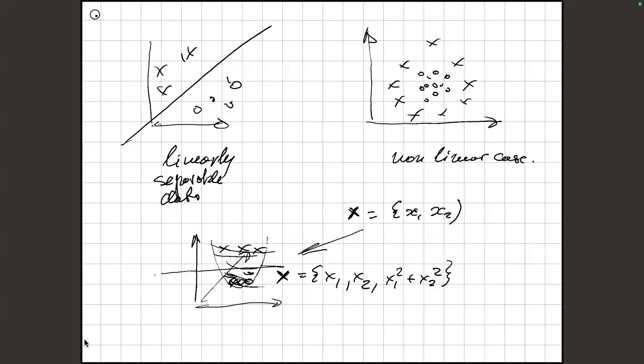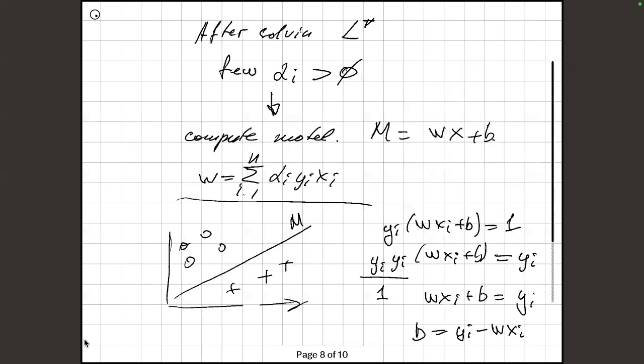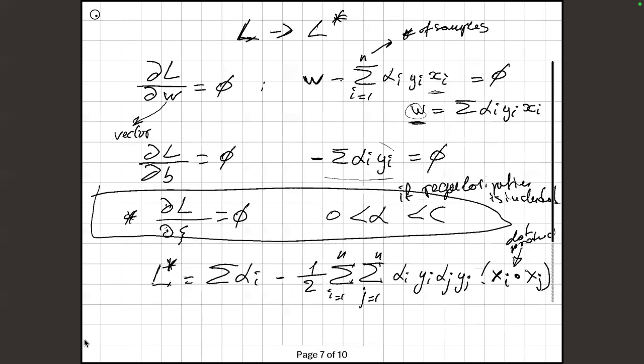What SVM does is a kernel trick because it is very computationally heavy to work with high dimensional vectors in this optimization problem. So instead, they said, well, why don't we modify the values of the dot product, so the similarity.